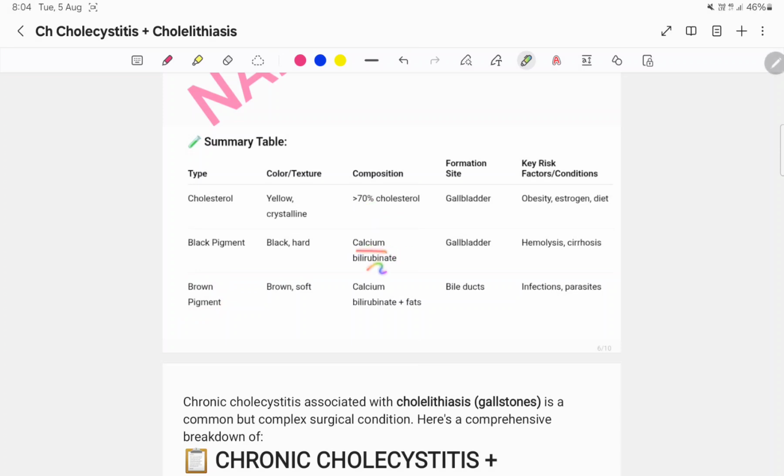If it is composed of calcium bilirubinate, it is black in color. If fat is also present, you can remember like this, the black color is faded due to fat, which is yellowish, and then the brown pigment stone is formed. It is mainly associated with infection or parasites.